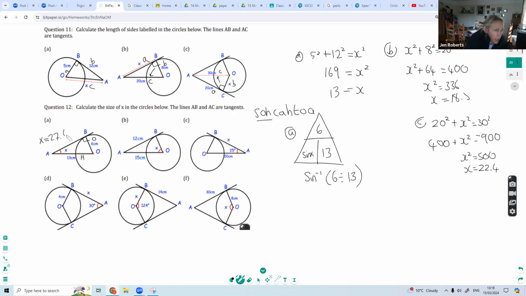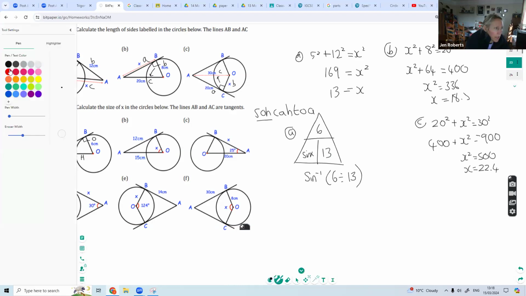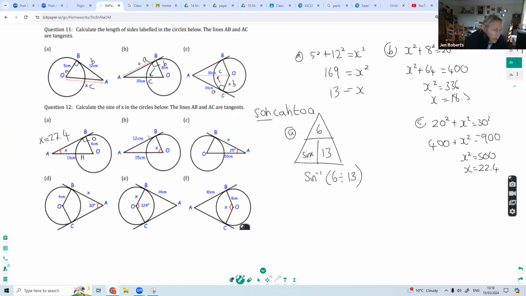I'm just going to change the colour. For B, you've got your right angles there. Always put your right angle in with these. Your right angle is where the radius touches the tangent. And put them all in for here as well. So opposite, hypotenuse. Oh, it's sine again.